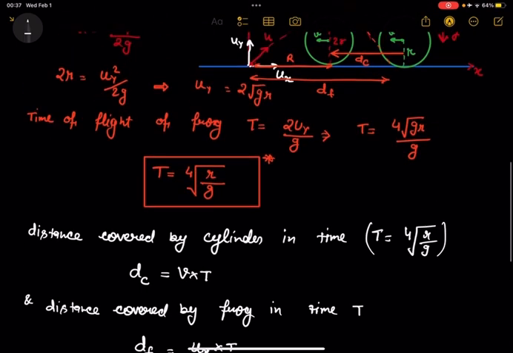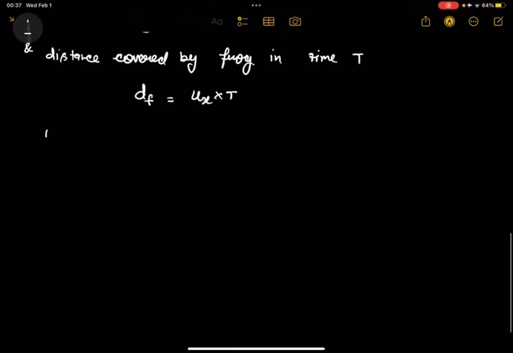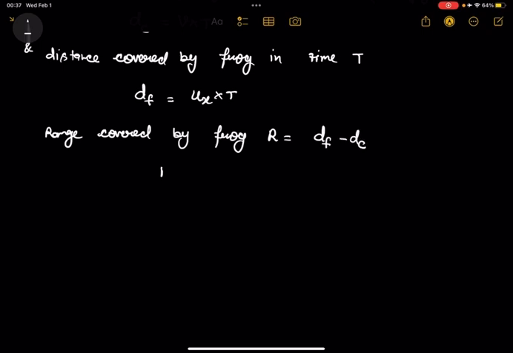So you can say how much range is covered. The range is nothing but df minus dc. So the range covered by the frog, r, is equal to df minus dc. So r is equal to ux minus v into t.